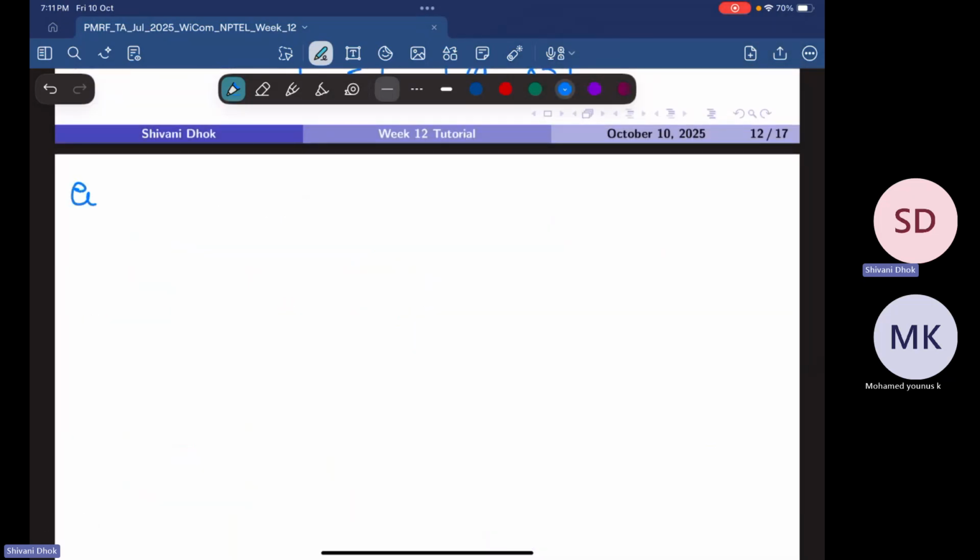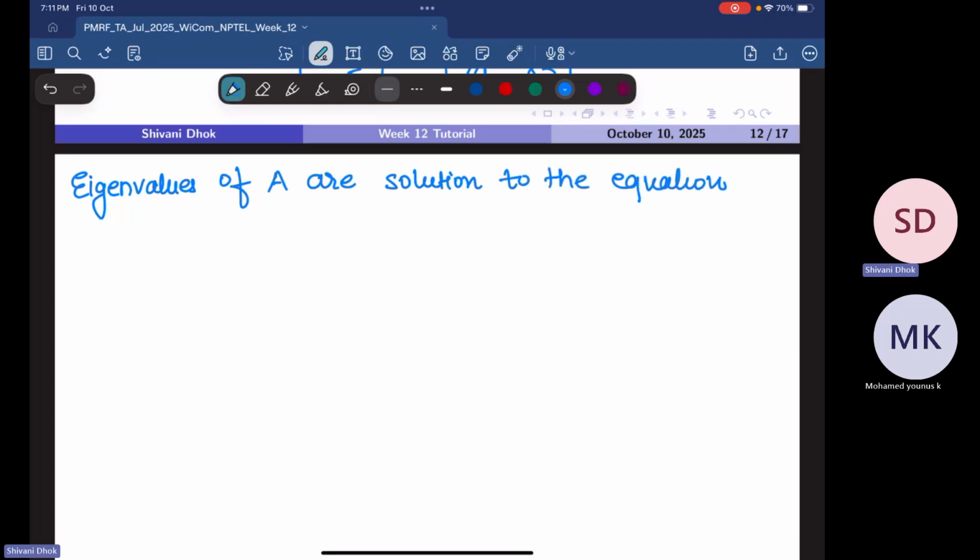So eigenvalues of A are the solution to the equation, that is, the characteristic polynomial: determinant of A minus lambda I equal to 0. Or let me just use consistent notation. Determinant of A minus lambda I equal to 0.